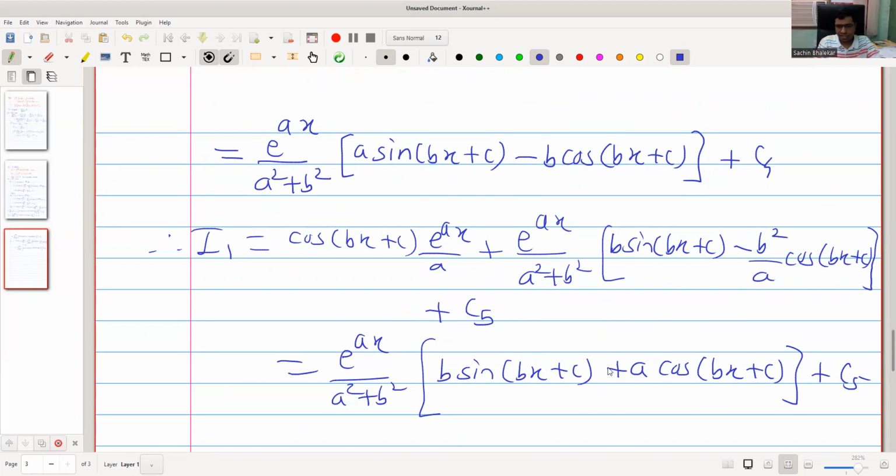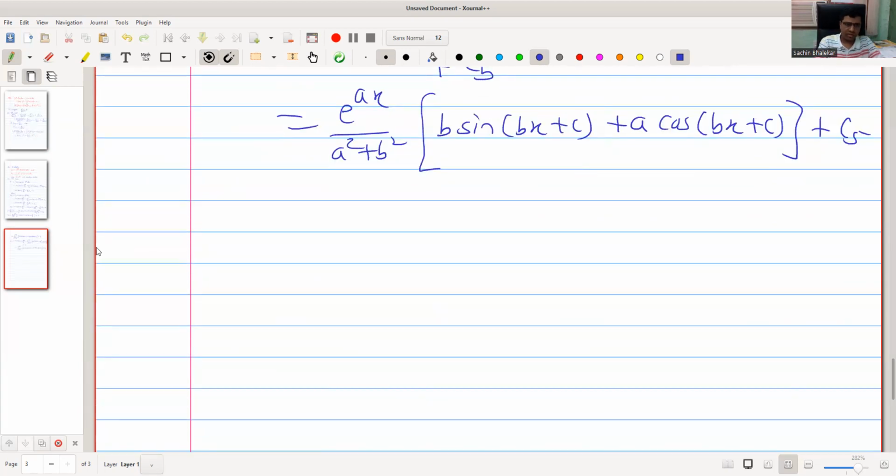Here we have plus signs, and b multiplied by sine, a multiplied by cos. When we have sine, the integral of e raised to ax sin(bx + c), then here we have a minus sign and this changes: so a sine and then minus b cos. Okay, so this is the required formula.